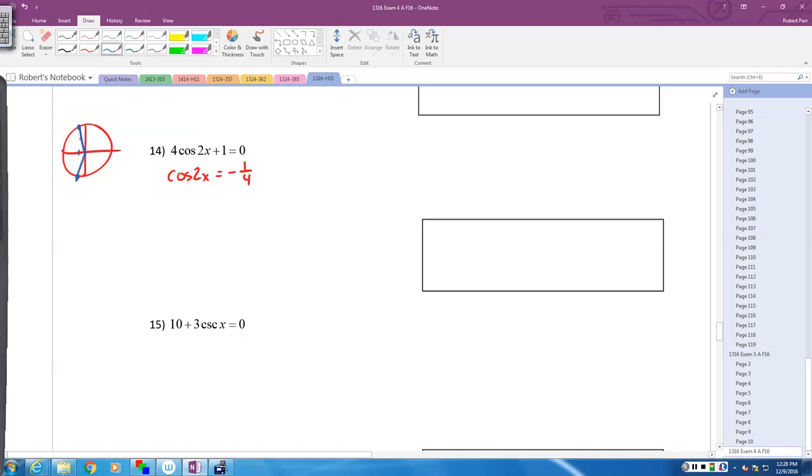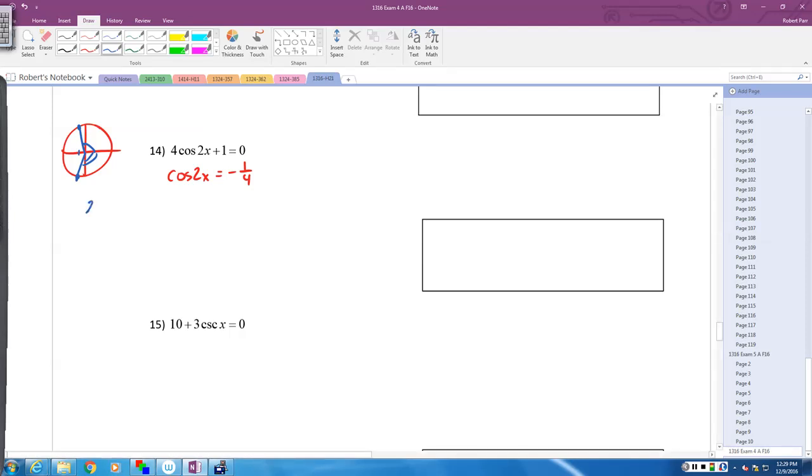These are my 2 angle measures. If I do inverse cosine, I'm going to get that guy. So how do I get the other one? I can just take the opposite of that inverse cosine. It's not going to give me the smallest positive one, but it will give me that angle measure.